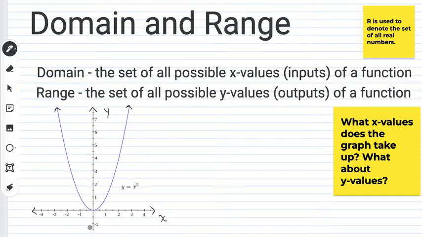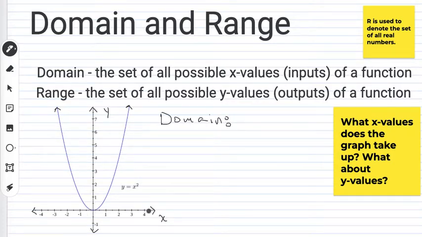So I have right here a graph of the function y equals x squared. And what I want to do is find the domain of this function and the range of this function. So when we think about domain, we write down the word domain. And then what we want to do is think about what x values the graph takes up.